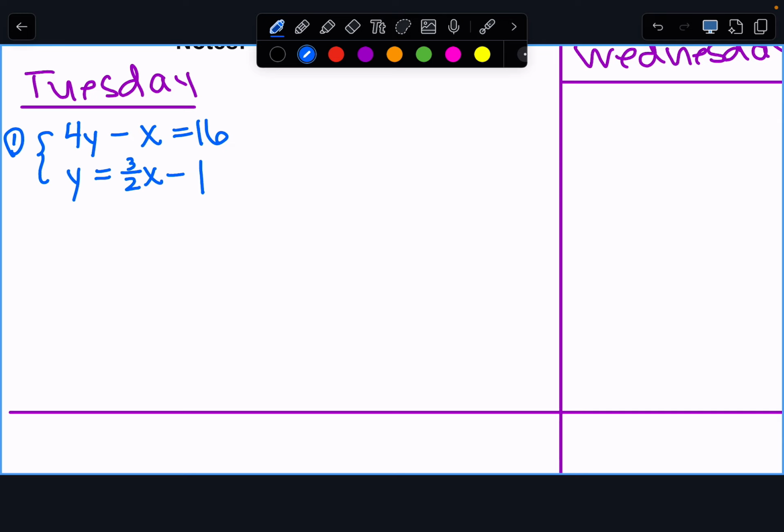The first thing I want you to look for, do we have one variable that is already solved for? Which one? We have y equals right here. Do you see that?